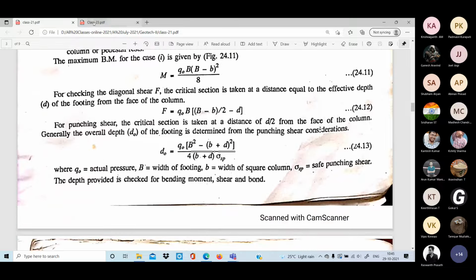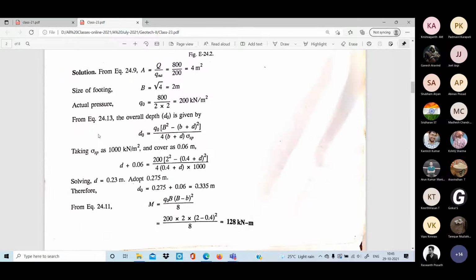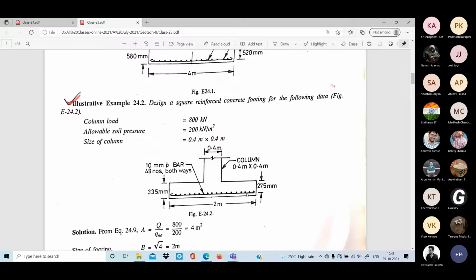We are assuming that the safe punching shear is 1000. Just assume. Cover is the distance between the surface and the reinforcement, because we cannot provide reinforcement right on the surface. Once you provide some cover, we can prevent the rusting of the iron and other things.